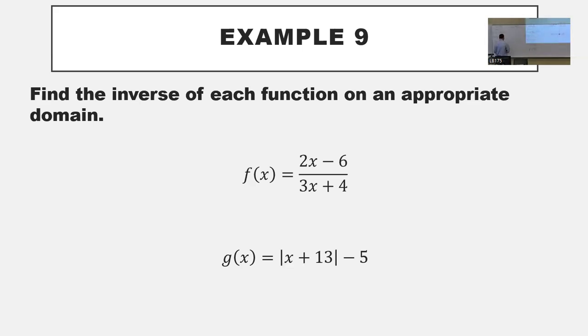All right, this will be the last example in this section. Let me pull this down so you can see it. Same thing, we're going to find the inverse.